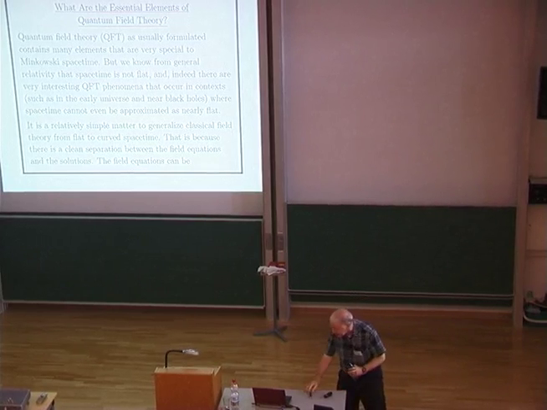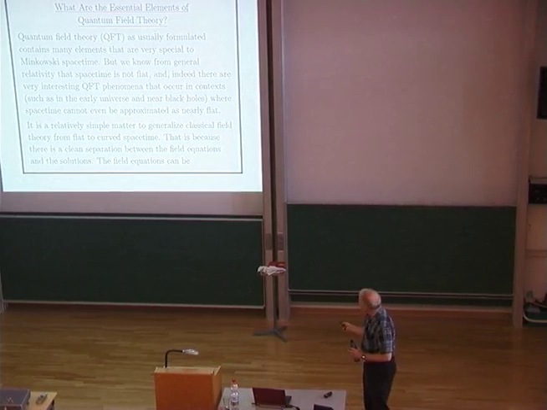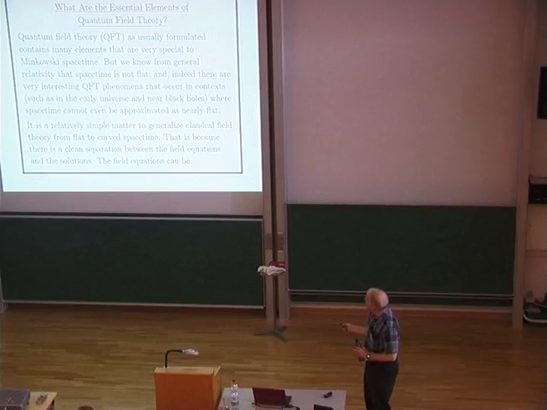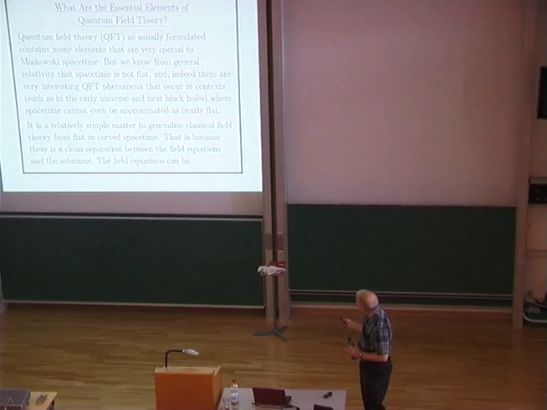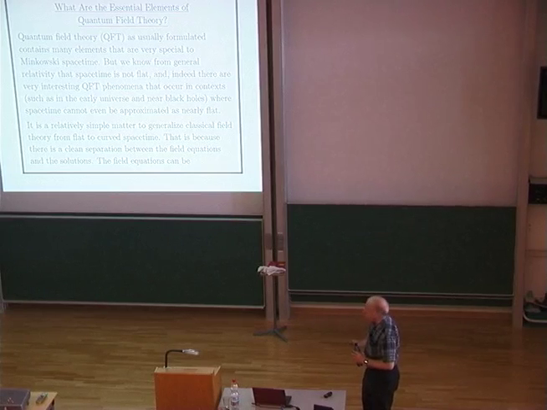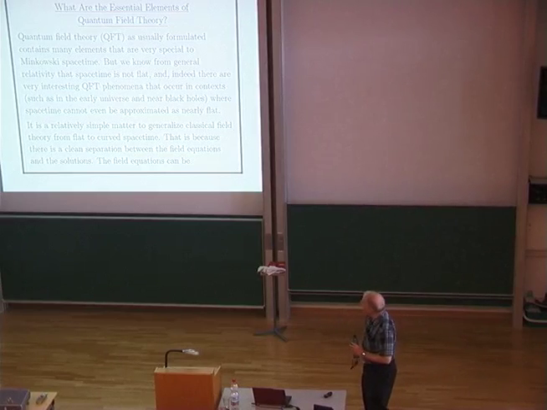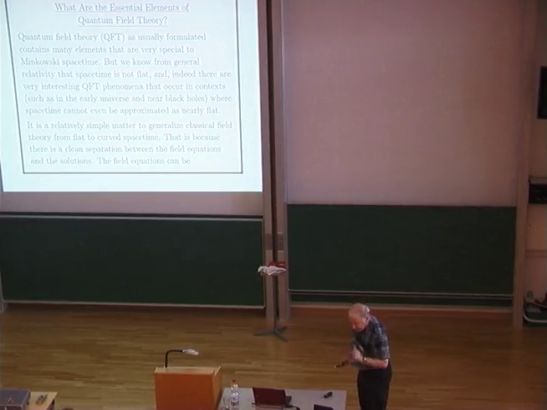But the most interesting phenomena that one would hope to treat in this context would be things in the early universe or near black holes, where you certainly can't even approximate space-time as nearly flat. So one really wants a formulation of the theory that works in an arbitrary curved space-time, or at least an arbitrary globally hyperbolic curved space-time, so that there aren't any causal pathologies, and classically one has deterministic behavior.